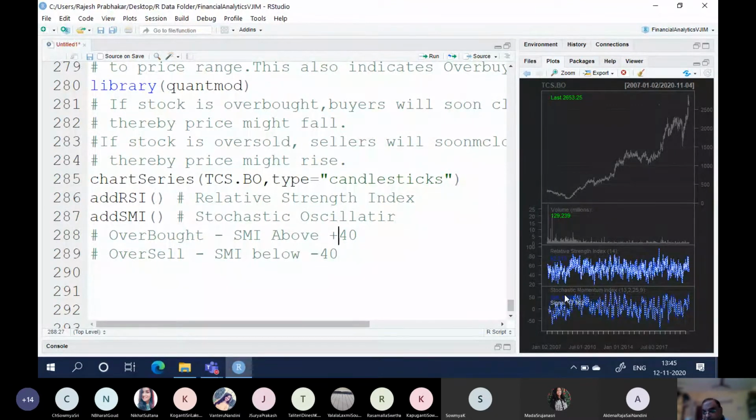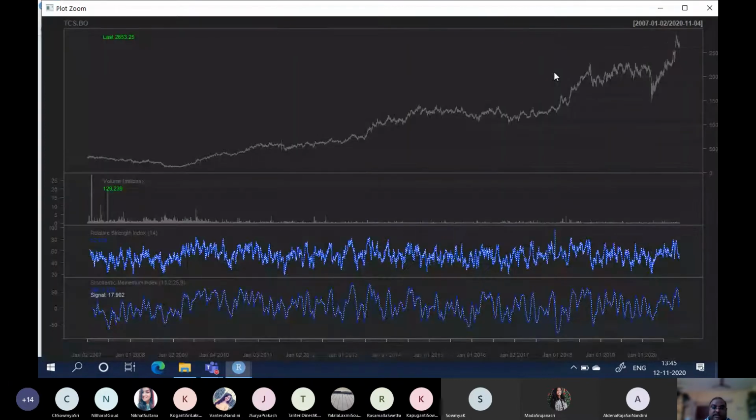So if you look at this, you have plus 50 and minus 50 levels. Below minus 50 or below minus 40 is what we say sell. Overbuying and overselling conditions are different compared to the RSI. RSI is 70-30. Here you can see it is somewhere closer to zero. It's in the positive territory only. It is going towards the negative territory.